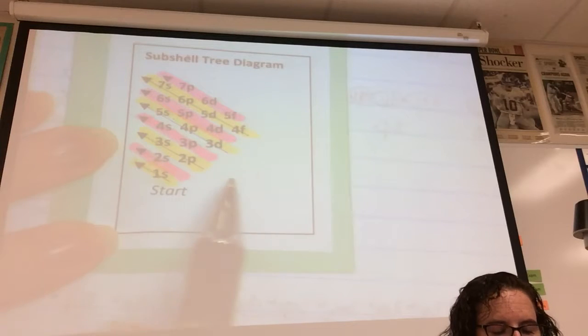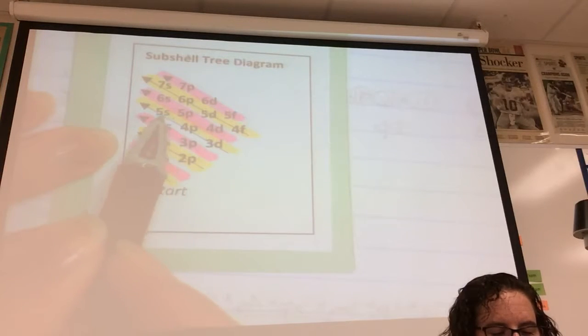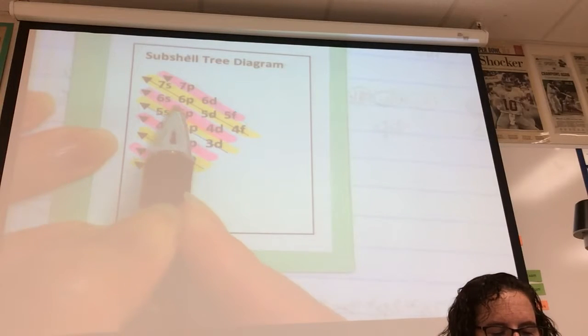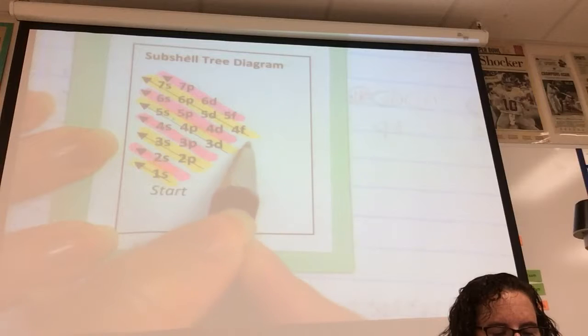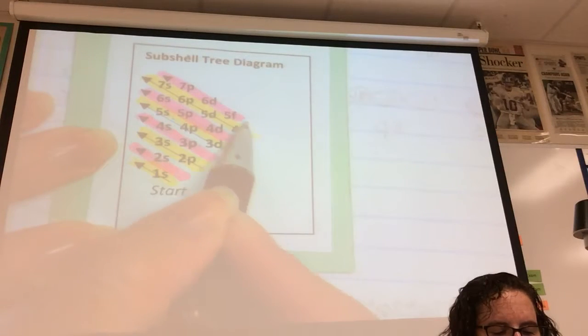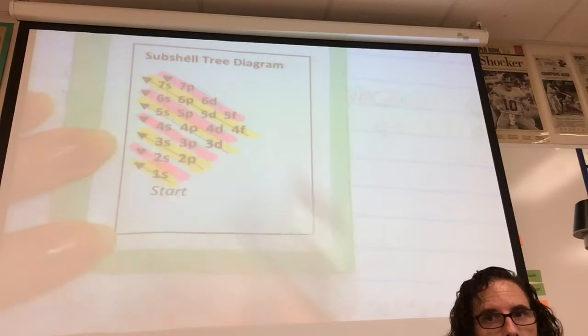Increasing energy following the arrows. After 3s is 3p, 4s, 3d, 4p, 5s, 4d, 5p, 6s, 4f, 5d, 6p, 7s, 5f, 6d, 7p.